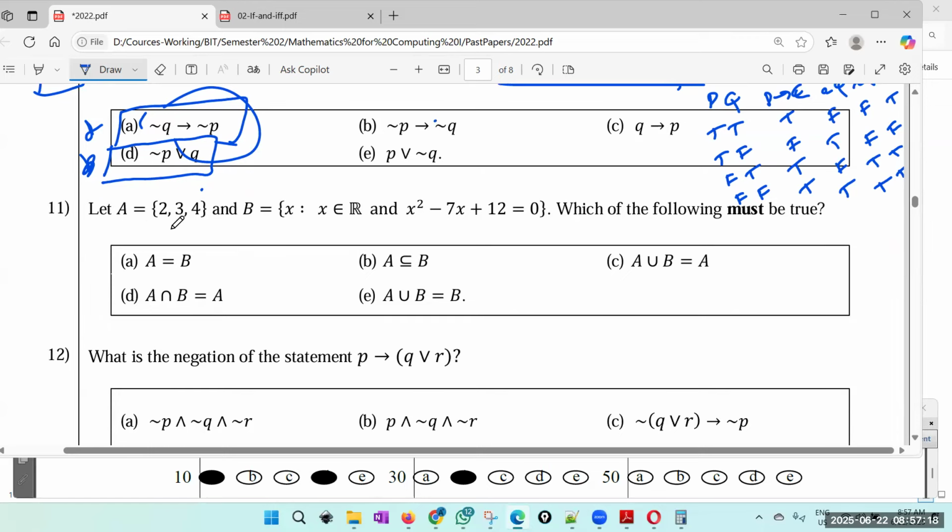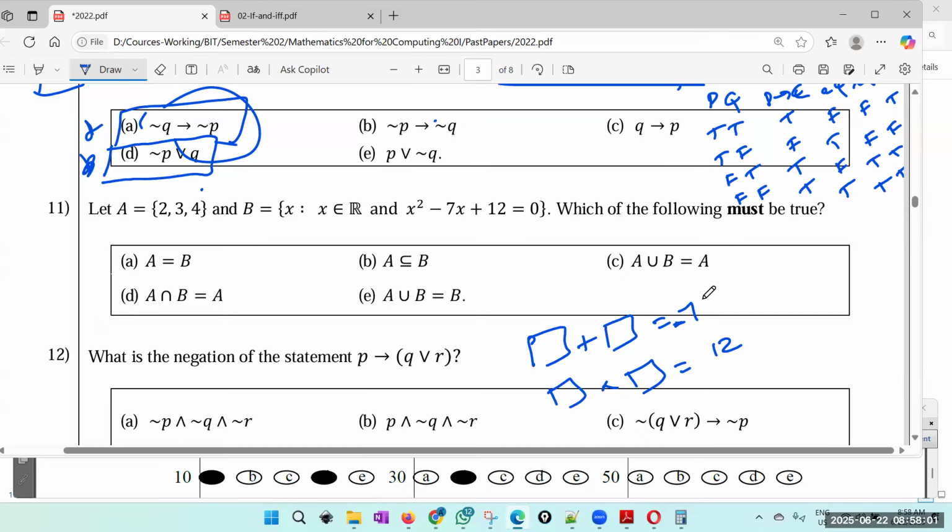Right, 11th question. Let A be 2, 3, 4, and B be the real numbers which satisfy this. Now these are easy questions, right? Which of the following must be true? See whether you can solve this. These are typical questions. So when you add, you must get -7, and when you multiply, you must get 12. Do we have such numbers? Yeah, -4 and -3.